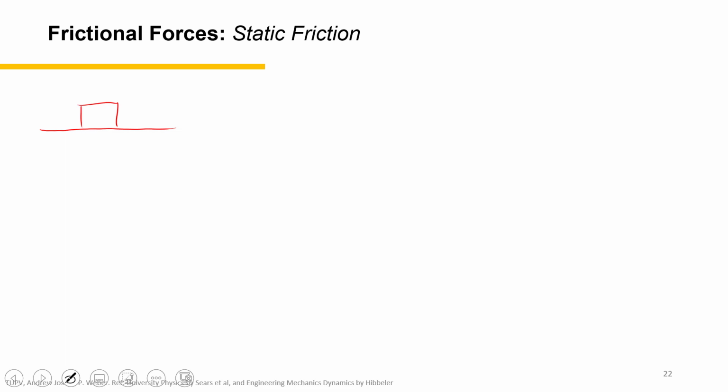So for instance, you might push the box with a magnitude P, but upon doing it, the box doesn't move at all. So from the third law of Newton, there must be an opposing force which equals your applied force. And this friction force is called a static friction force.